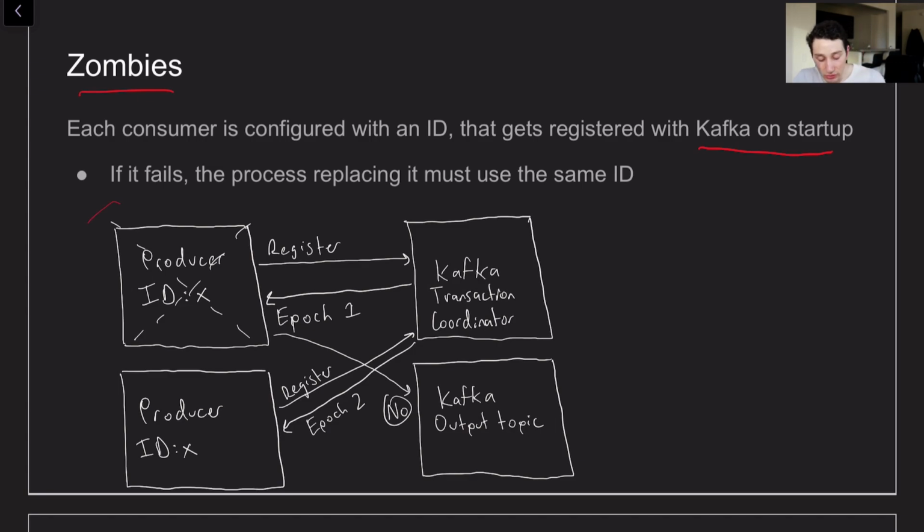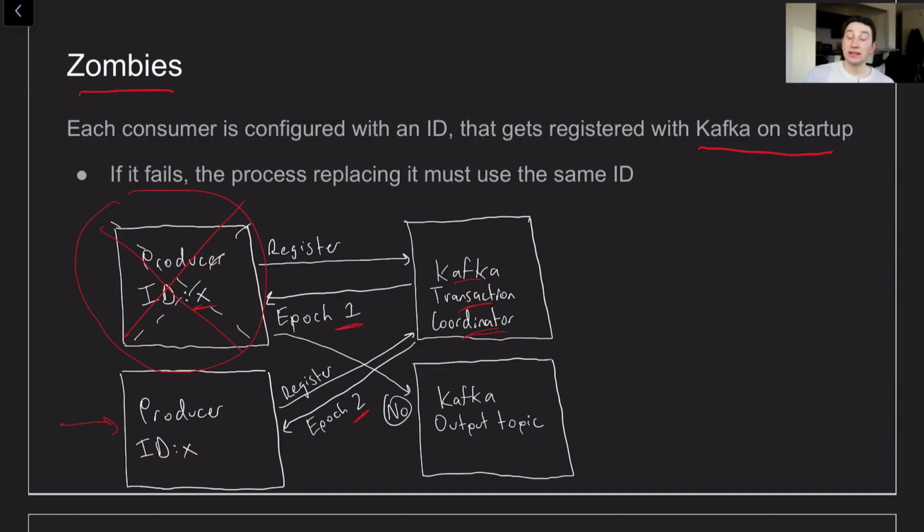So for example, if I'm a consumer and I originally get registered with transaction ID X, I'm going to go to this component called the transaction coordinator, and the coordinator is going to say, oh, I've never seen this ID before, so you're epoch 1. Now let's say this guy goes down, and then this guy comes up instead. He's also going to go to the transaction coordinator. The coordinator is going to say, okay, this is epoch 2.